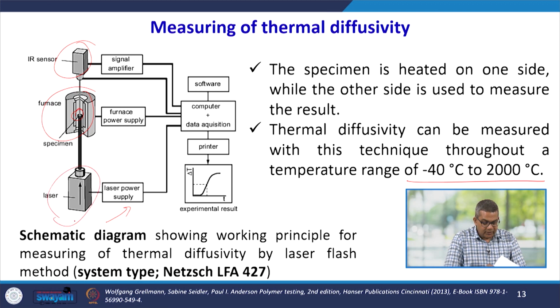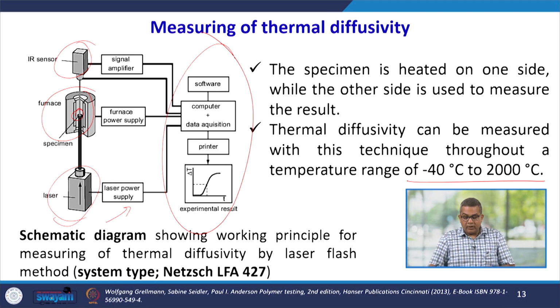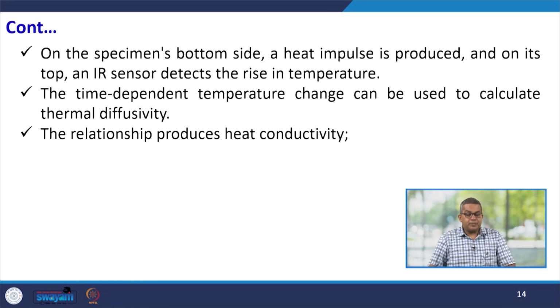This is the laser gun or laser power supply. Apart from this, these are the units where you can record the data. Now on a specimen's bottom side, the heat impulse is produced, and on its top the IR sensor detects the rise in the temperature, and the time dependent temperature change can be used to calculate the thermal diffusivity.